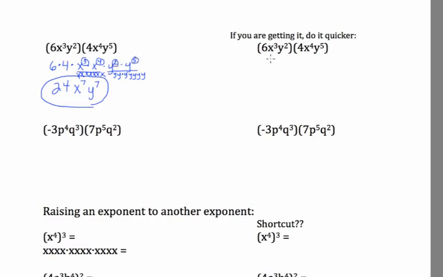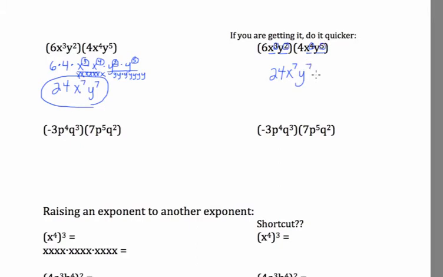So some people do this more quickly and just say, okay, well, the 6 and the 4, that's going to make 24. And then x to the 3rd, x to the 4th. Multiplying like bases means add the exponents. So they just add the 3 and the 4 and get x to the 7th. And then the y's. Y squared times y to the 5th. Multiplying like bases, I can add the exponents.